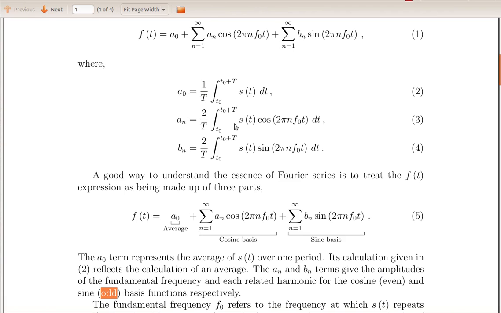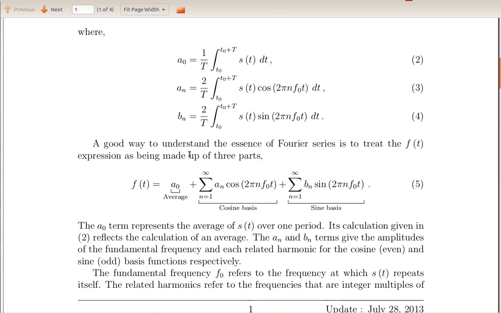Now, if S2 of t is completely odd, then we can say that An should evaluate to 0, because there will be no even components in this signal. We're going to go ahead and calculate An and demonstrate that this goes to 0, and we'll expect some values for Bn.